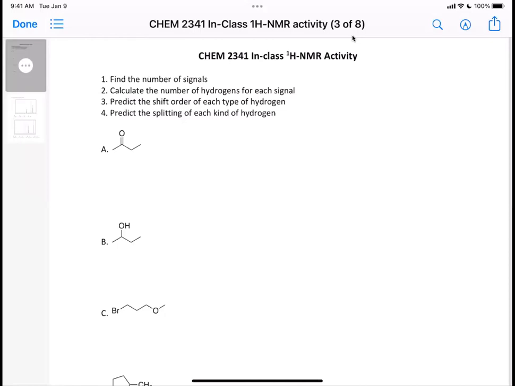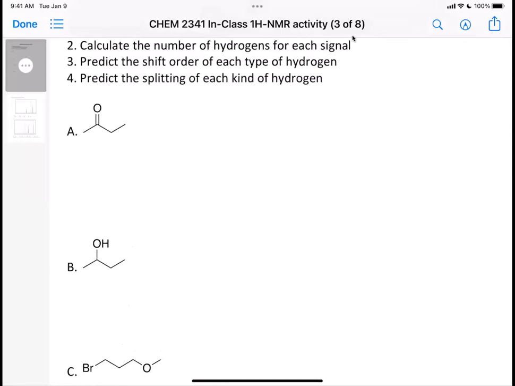Okay. So if we start with this first one right here, you want to remember that you have these hydrogens bonded to here, here, and here. So we'll need to make sure we know how many are there. So I'm going to call this carbon A, this carbon B, this carbon C, and this carbon D. On carbon A, how many hydrogens do we have? 3.